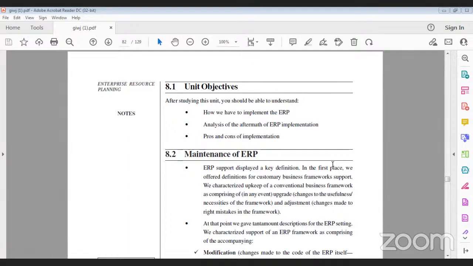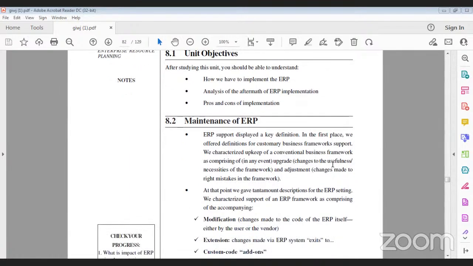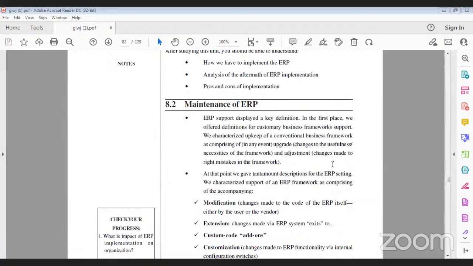The next point is that we have comparable descriptions for the ERP setting. We characterize support of an ERP framework as comprising the accomplishment.